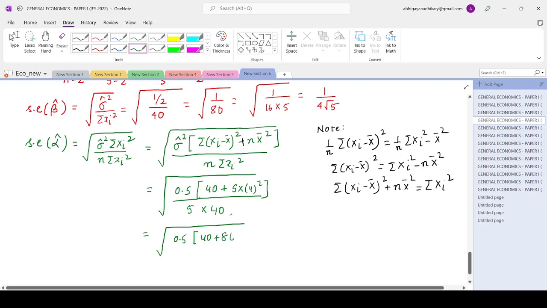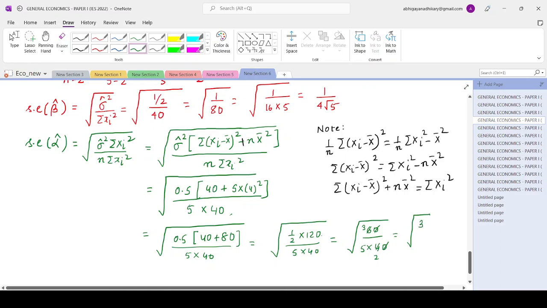So 80 plus 40 will be 120. So half of 120 divided by 5 into 40, that will be square root over 60 by 5 into 40. So this and this will cancel out, and that will be root over 3 upon 10. That's your answer for the standard error of alpha hat.